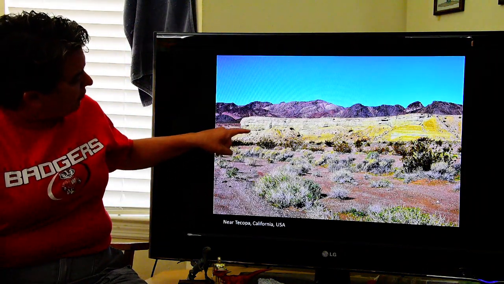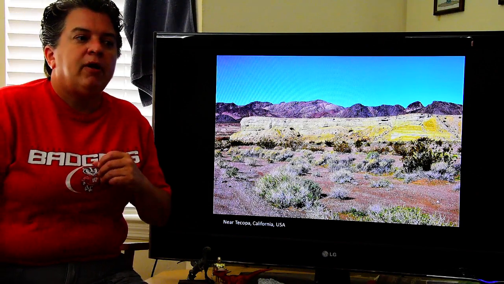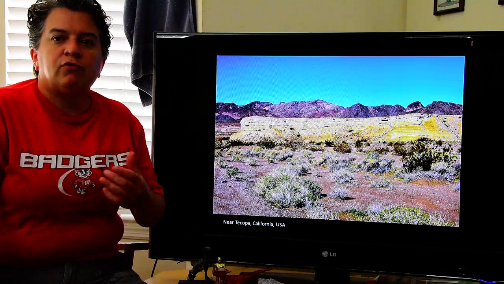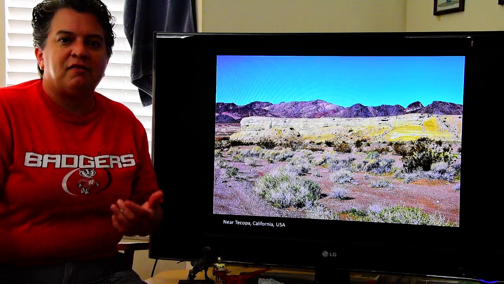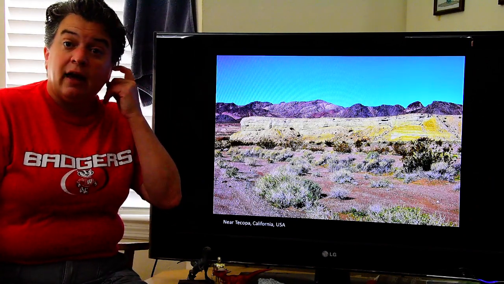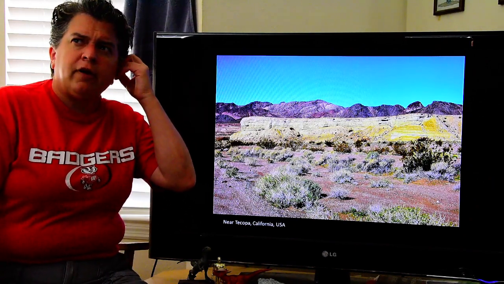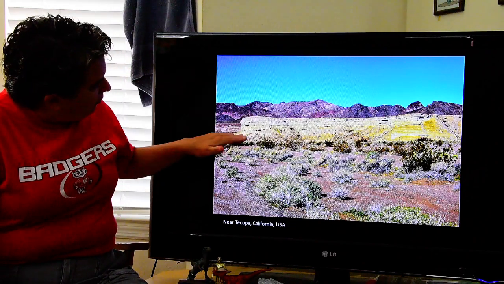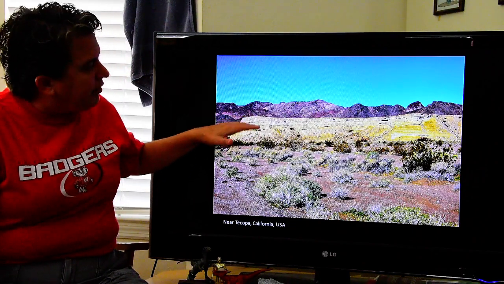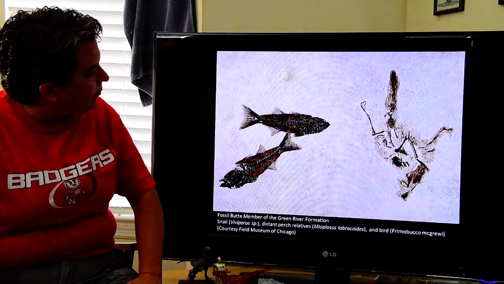So these are some lake sediments from Lake Tecoma, which was a lake that existed in California during the last ice age. And so we see a lot of these just kind of fine-grained lake basin sediments.